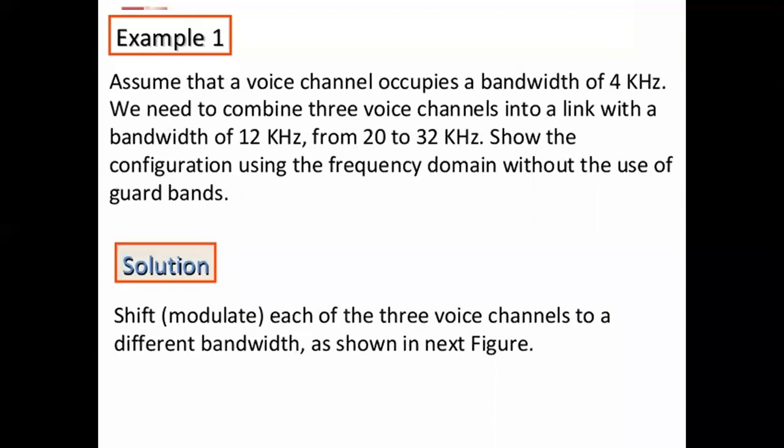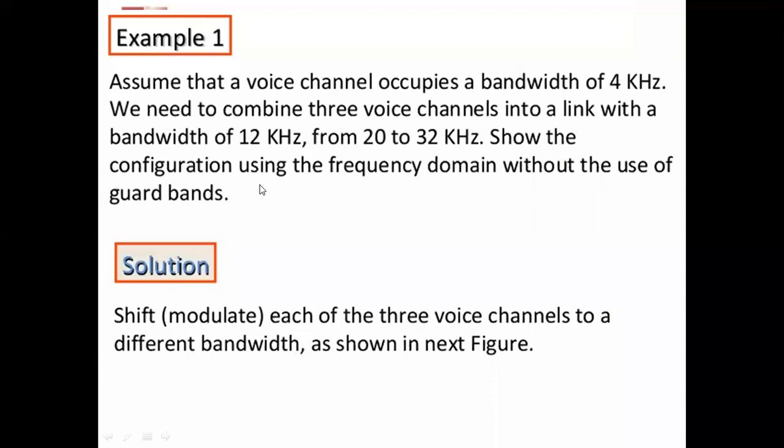See that. Assume that a voice channel occupies a bandwidth of 4 kHz. We need to combine 3 voice channels into a link with a bandwidth of 12 kHz, from 20 to 32 kHz.